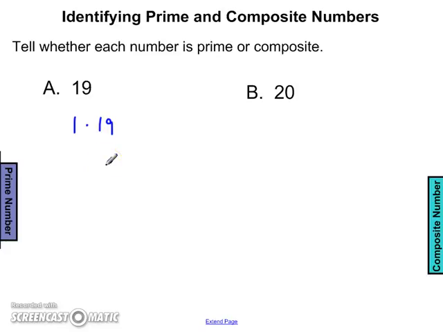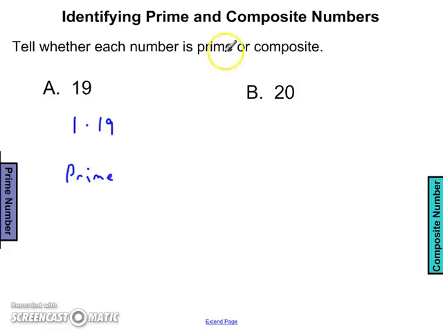Yes, you can put 2 into 19, but not equally. 3 doesn't, because 3 times 6 is 18, and 3 times 7 is 21, so we would miss it there. 4 doesn't, 5 doesn't, 6 doesn't, 7 doesn't, 8 doesn't, 9 doesn't, and as you go through that list, you'll find that 1 and 19 are the only things that go into it, so it is a prime number.